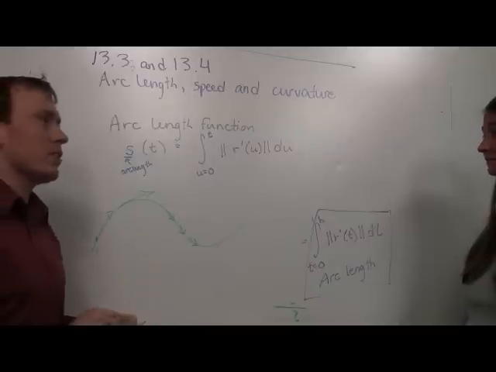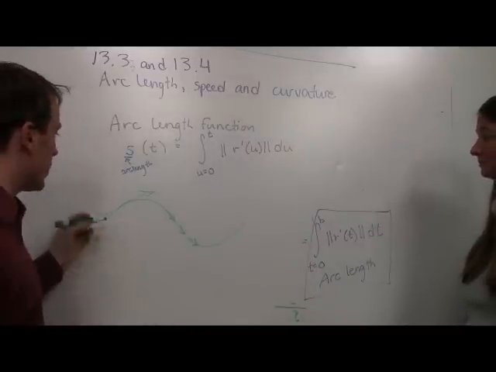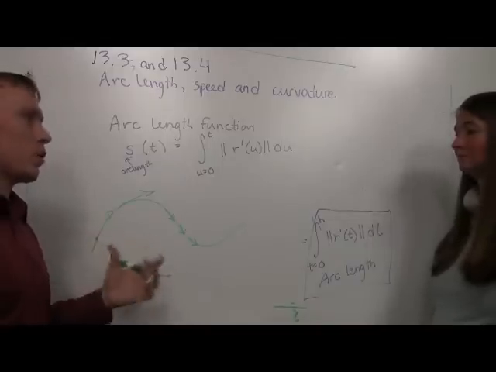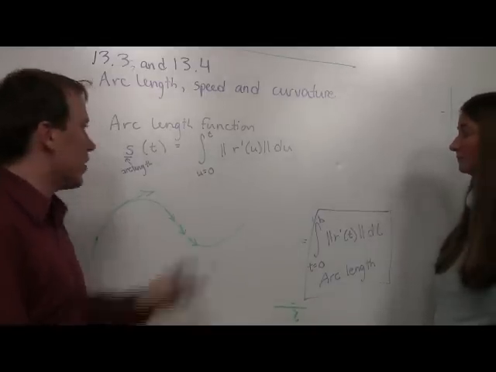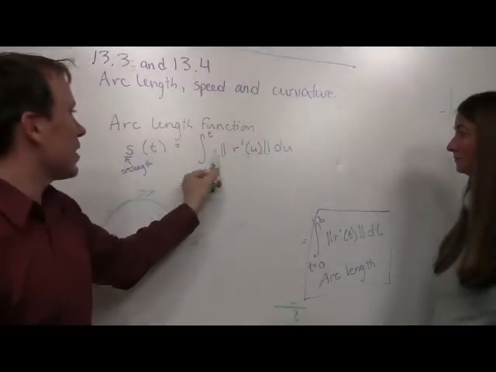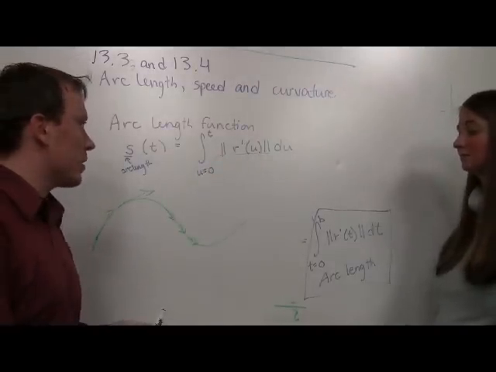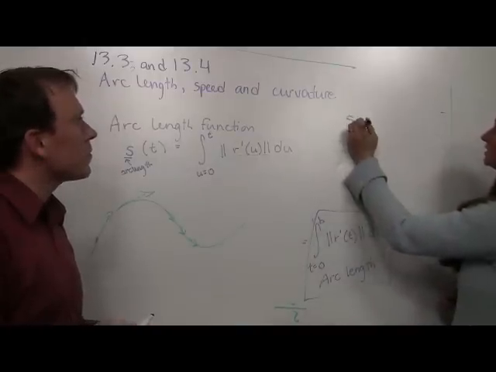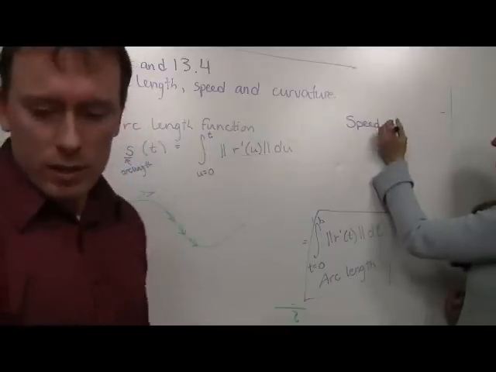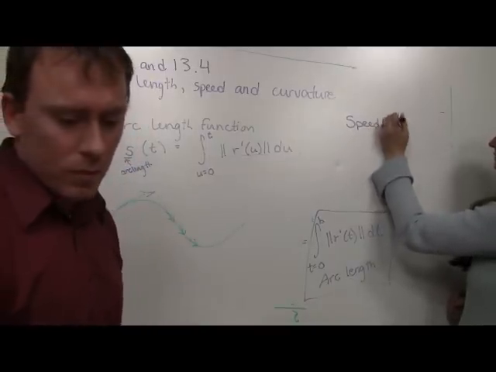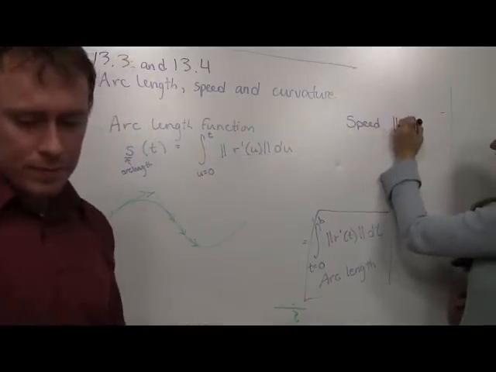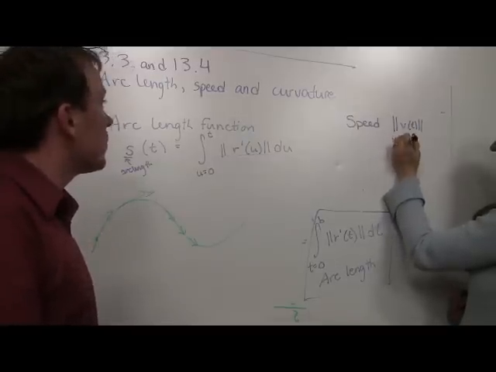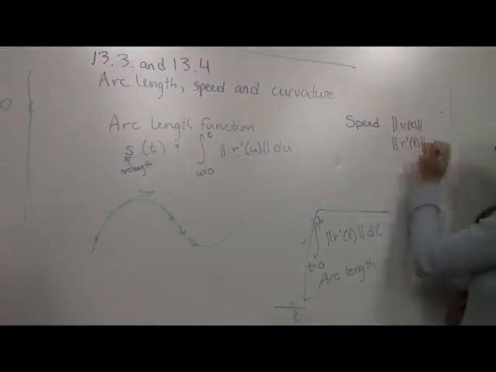Speed is always a positive idea for velocity. So speed is going to be the magnitudes of our velocity vectors. That's going to be popping up again and again. You can record this, that speed is equal to the magnitude of our velocity vector. And as we recall, our velocity vector is actually the derivative of the position vector.